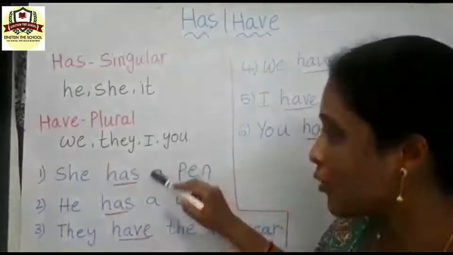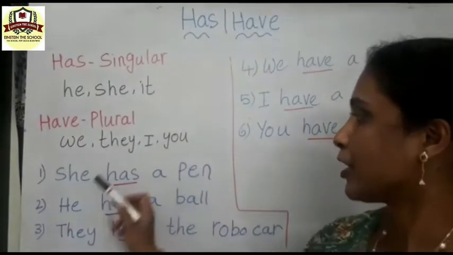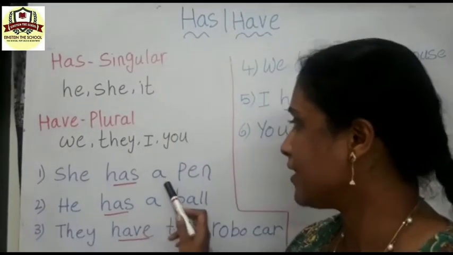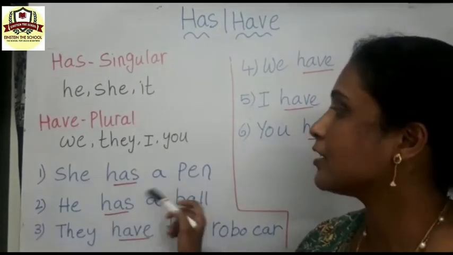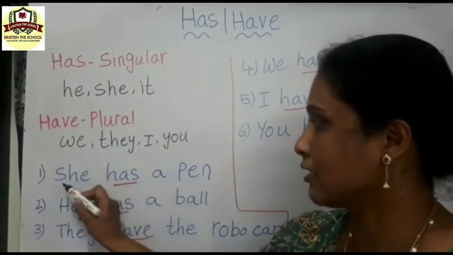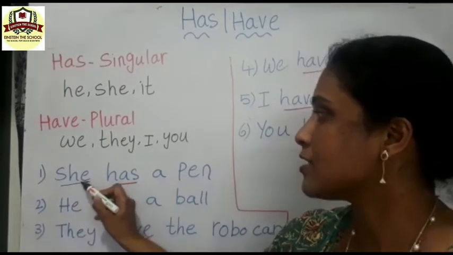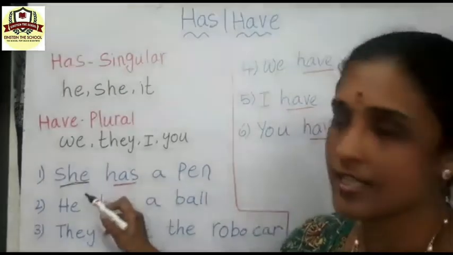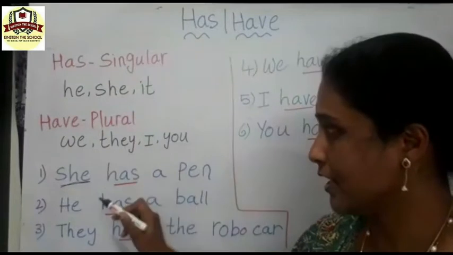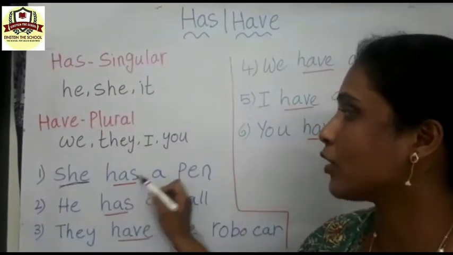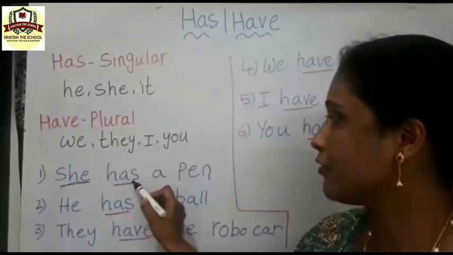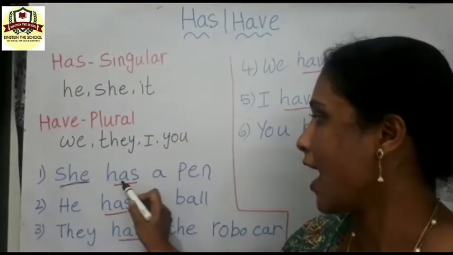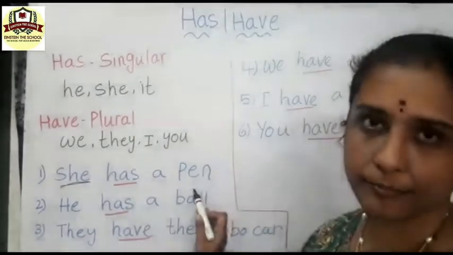Now see the examples here. She has a pen. Here in this sentence, what we are saying? She. She is singular. If you see she in a sentence, what will come here? Has. She has a pen.